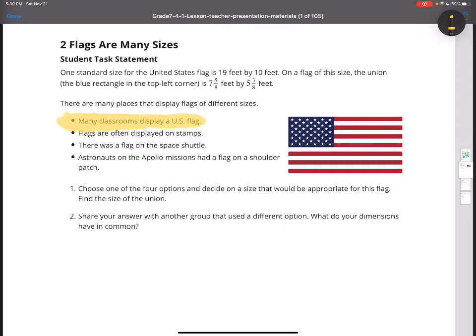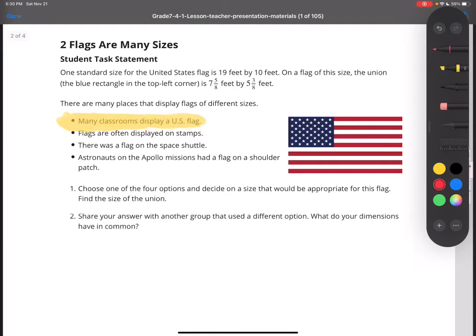Okay? So, when I was looking at my flag, I actually held up a ruler to it to measure the width. When I measured the width of my flag, I said, wow, the width is almost exactly 2 feet. So then I looked back at this problem.